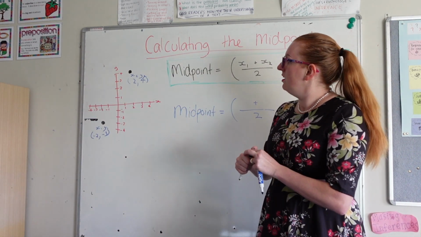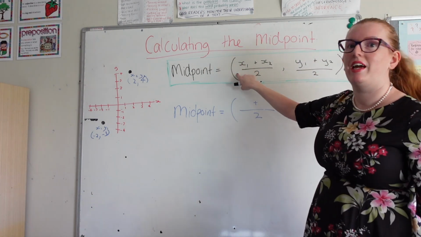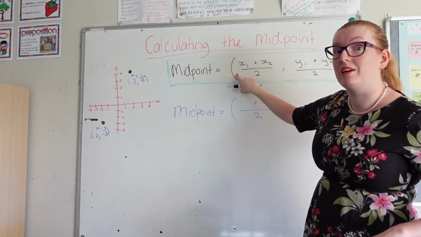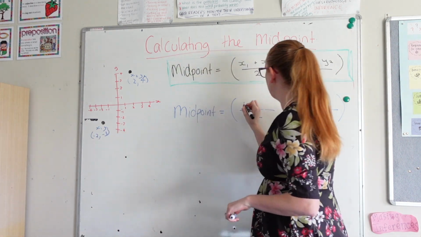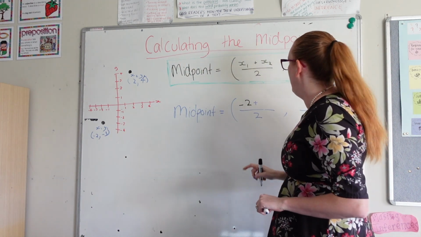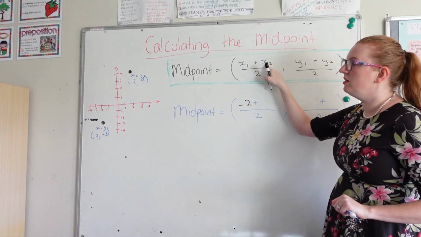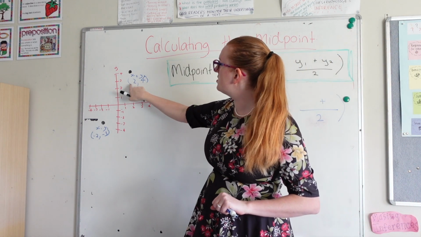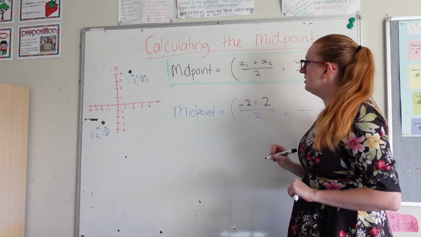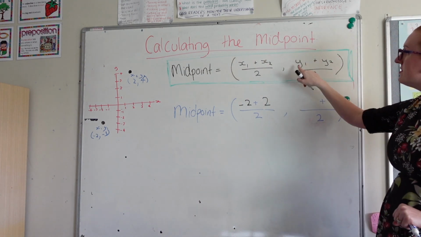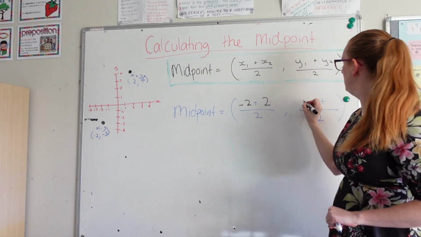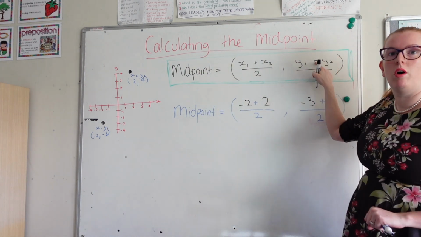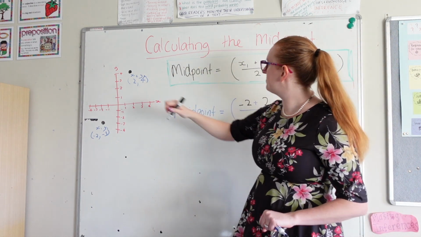Okay, cool. So my formula asks for x1. I know which point is x1, because I labelled them over here. x1 is -2, and then it asks for x2, which is 2. Then I move across to the y: it's asking me for y1, which is -3, and then y2, which is 4.